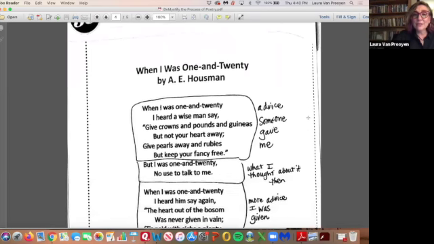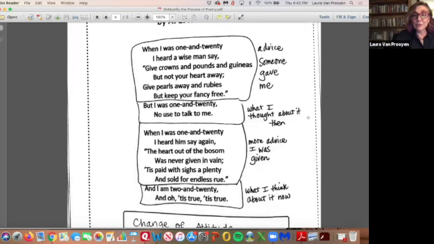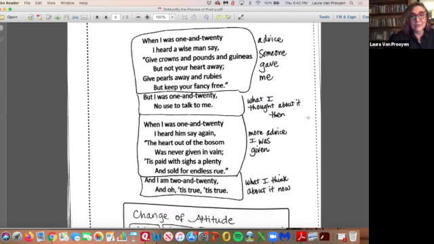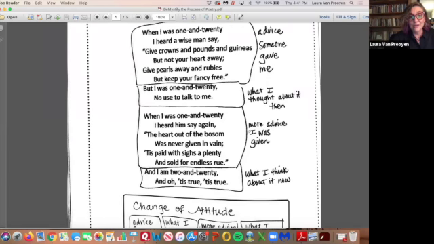What I would do is ask them to physically chunk their poem, when you're virtual, if they have electronic means to do this. So basically we tease out the structure. The first chunk here, you see, is advice someone gave me. The second chunk, what I thought about it then. The third chunk, more advice I was given.